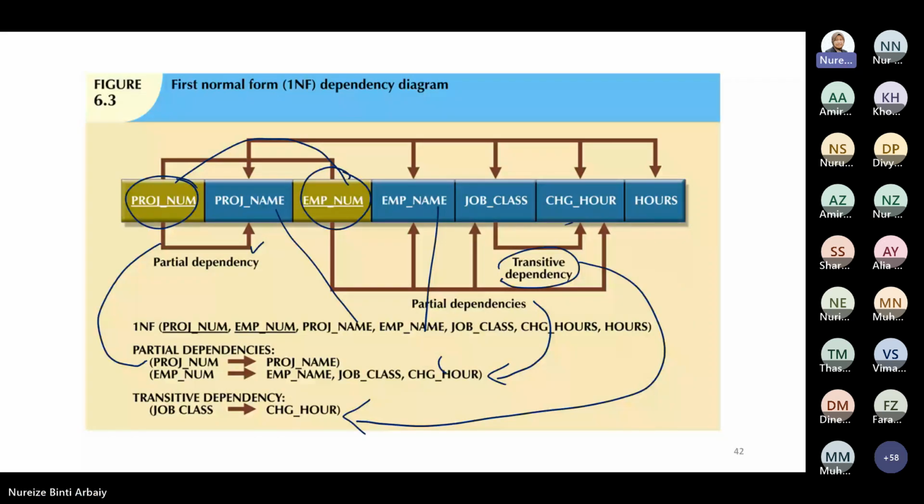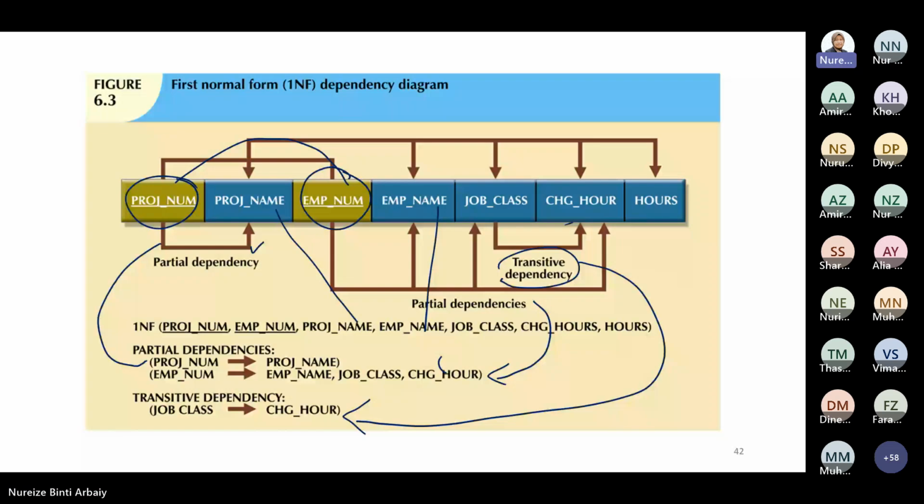But not every time you can get both partial and transitive dependency, especially transitive dependency. Sometimes they already fulfill the partial dependency and just obtain the transitive, or another time they can obtain these two dependencies.